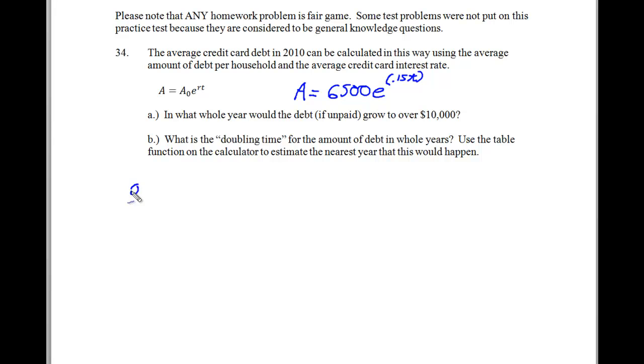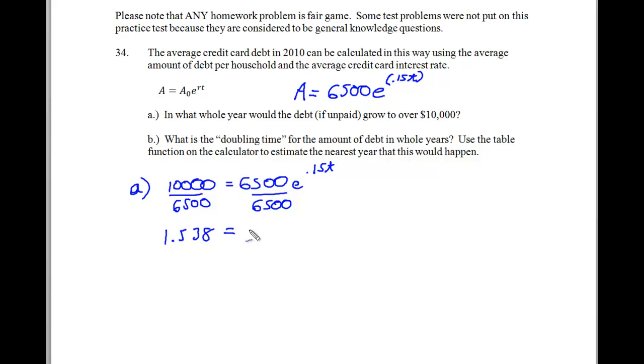So for part A, we're going to take this equation and type in 10,000 is equal to 6,500 times e to the 0.15t, and we're going to figure out what that is here. So the first thing we're going to do is divide everything by 6,500 to get the e by itself, and that will give us 1.538. I think 3 decimals is appropriate here, and this is going to be e to the 0.15t.